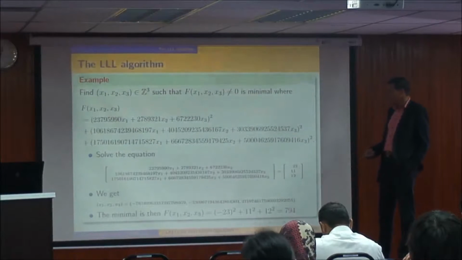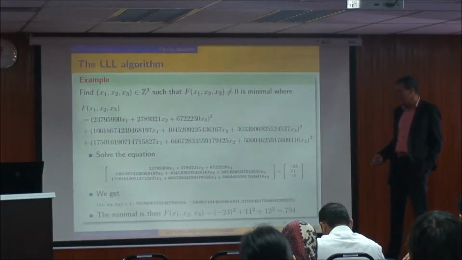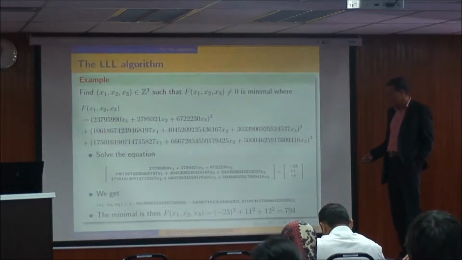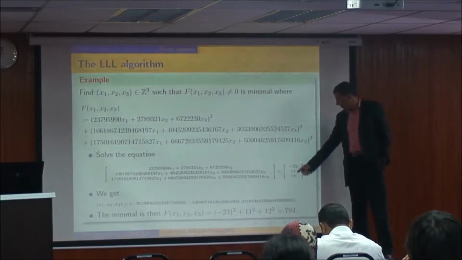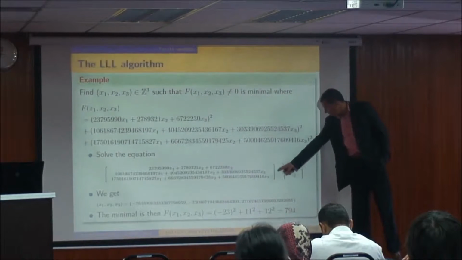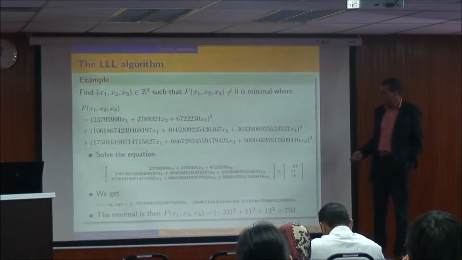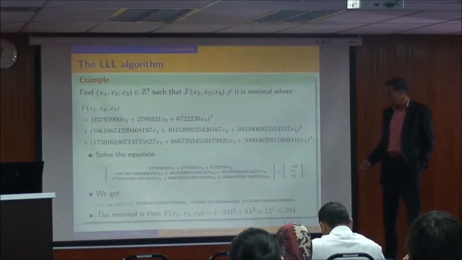So after that, we can get each one of x1, x2, x3 by solving this system of equations, because we know that the first term will be minus 23, the next one will be 11, and the last one will be 12. So we can solve this system to find x1, x2, x3, and we get that they are very large numbers.